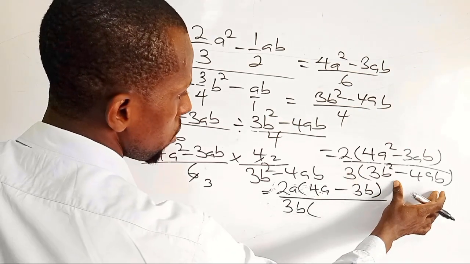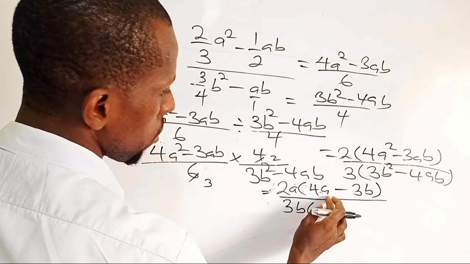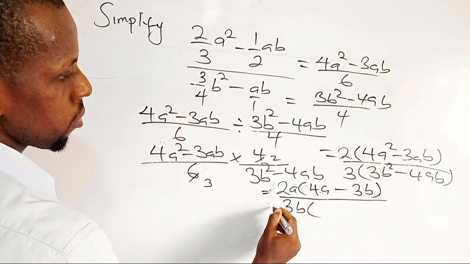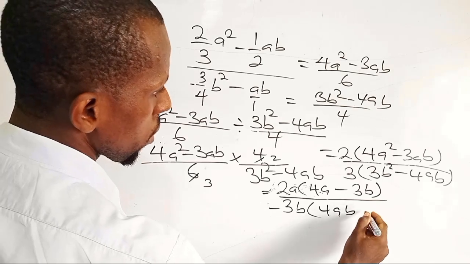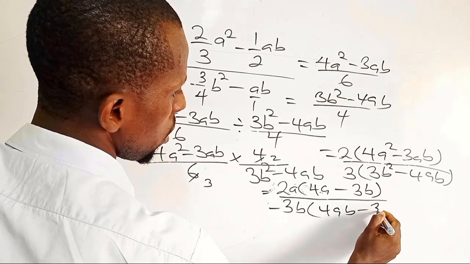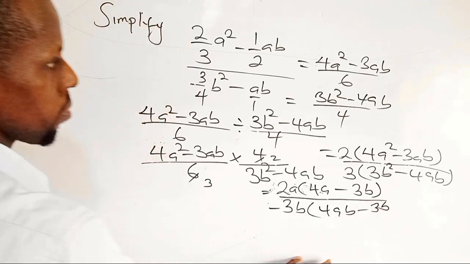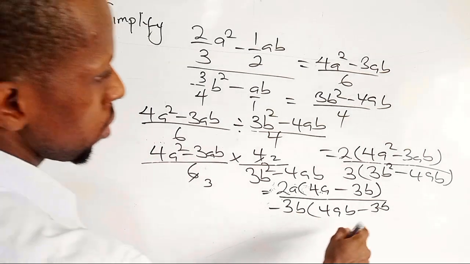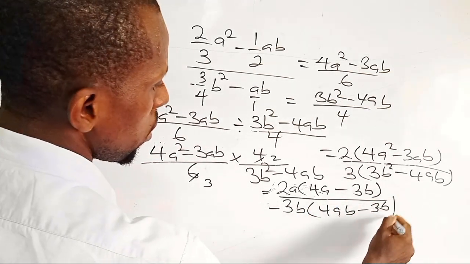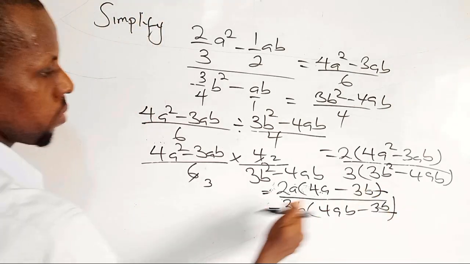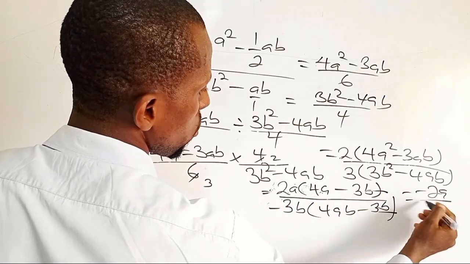If I want to write this in the form of this, I have to introduce minus. So I have 4ab, so I have a minus 3b. So when I have this, this can easily cancel this. So I have minus 2a over 3b.